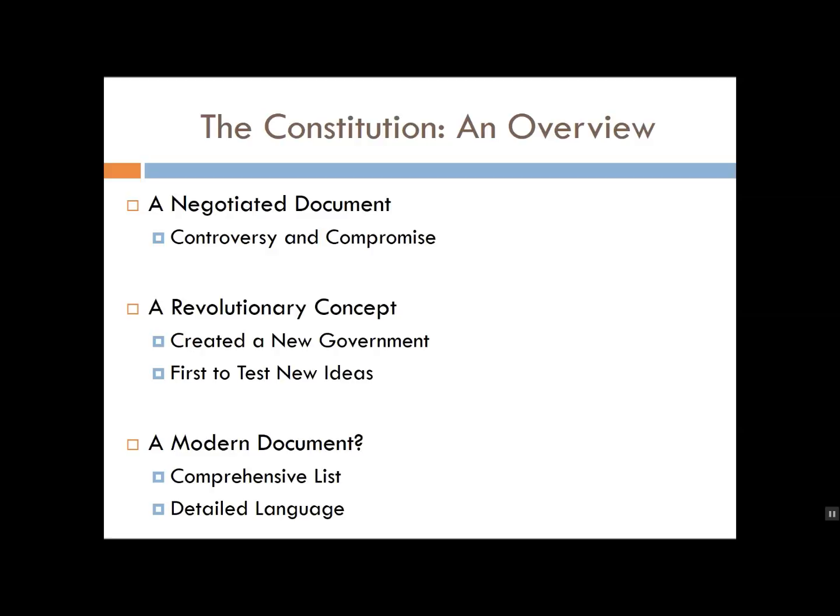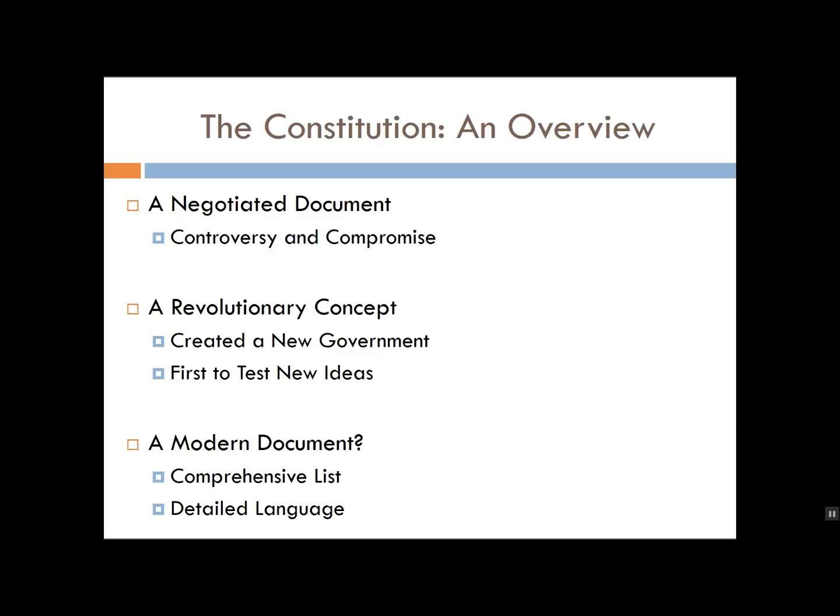If you look at the Constitution of a foreign country like South Africa, for example, or even the Constitution of a state like Oklahoma, you'll find that they tend to be very lengthy, thorough documents that detail virtually every aspect of any issue that a government might have to deal with. But our Constitution, our federal Constitution of the United States, makes no mention of many of the major problems that governments do have to deal with.